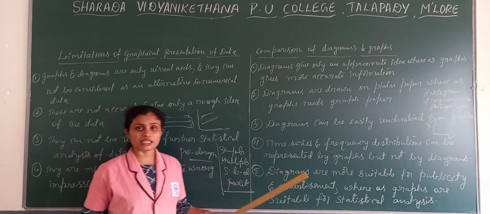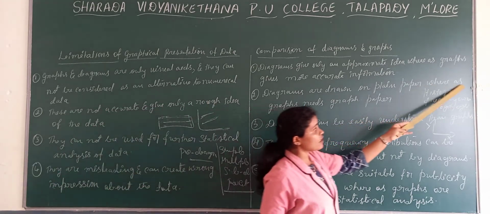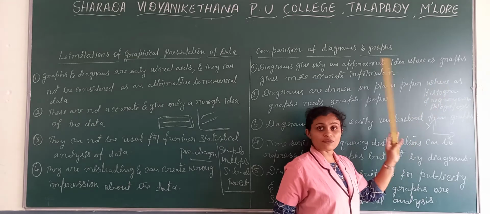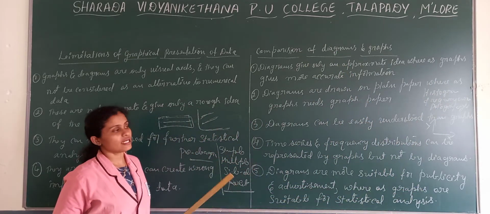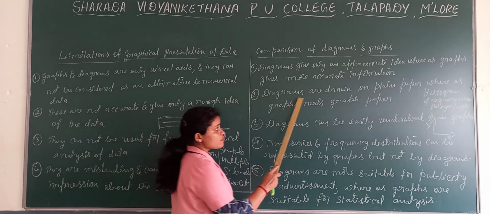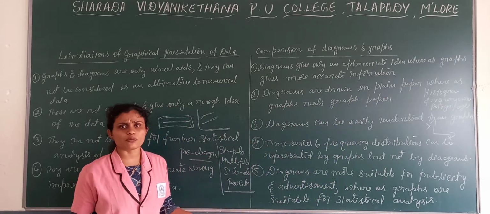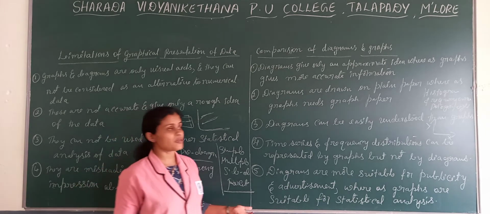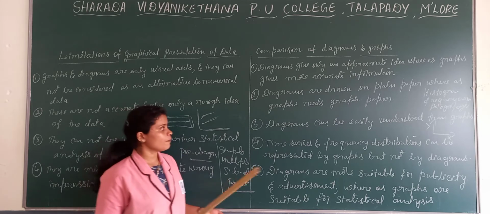You will not get any marks if you draw graphs on plain paper. These are graphs where we consider scale for the x-axis as well as the y-axis. Diagrams are drawn on plain paper, meaning in our notebook, whereas graphs are drawn on graph paper.